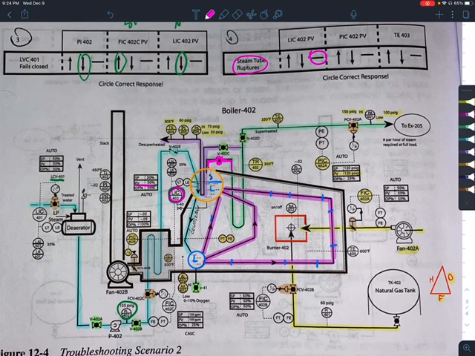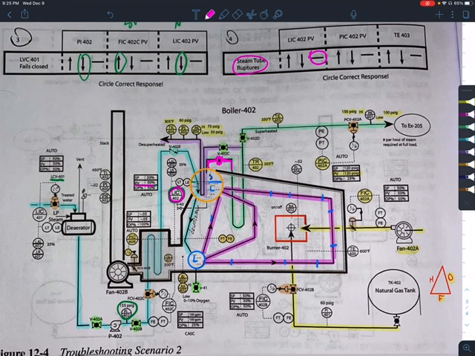But the pressure, 402 PV, where's 402? Oh, going back to this question here, I forgot to mention that this is in cascade, okay? And these are in automatic. But this automatic one will adjust the cascade one. That's what's going to be calling for more flow.